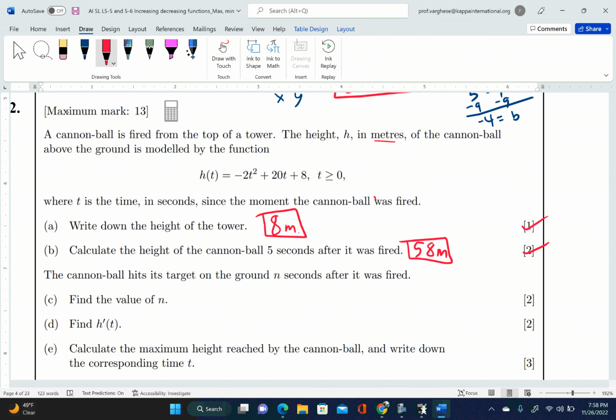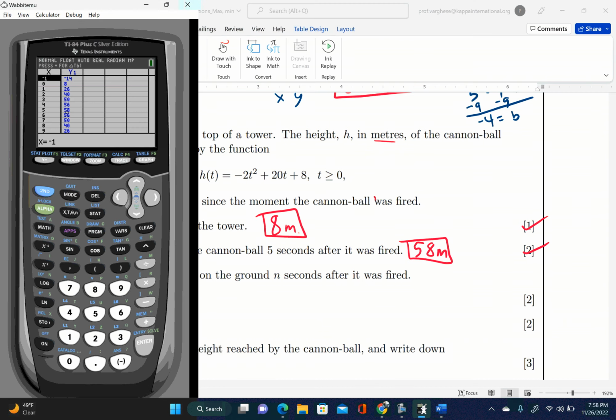The cannonball hits its target on the ground n seconds after it was fired. So let's go ahead and find out what that is, right? So I'm going to go to my calculator, go to my y equals, across from y2, I'm going to put the number 0 in, and I want to find out where these two graphs intersect. I already know 0, 0 is 1. This is where, well, the cannon was fired here from the height of a tower of 8.